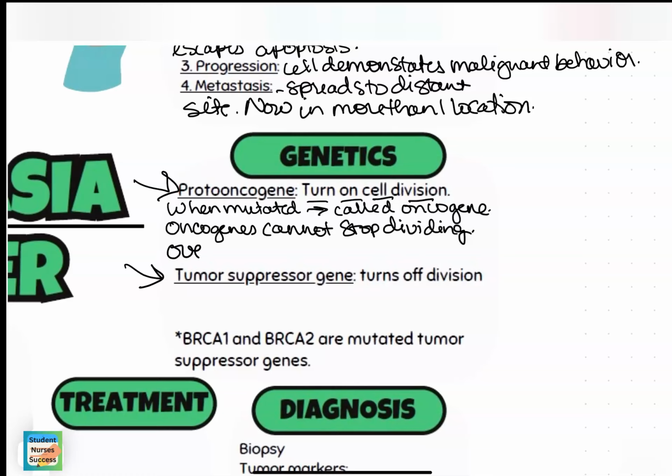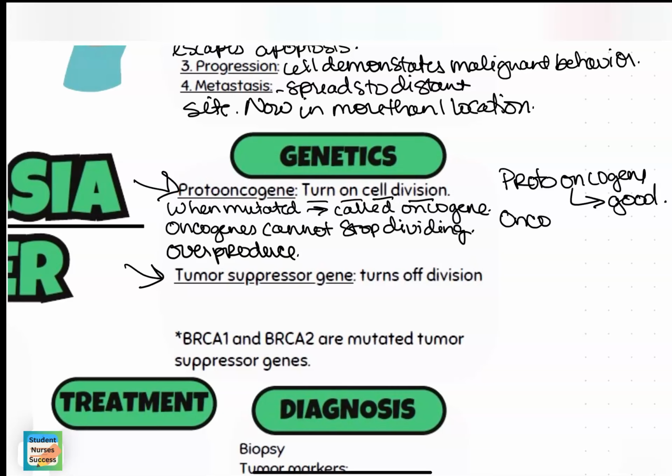Oncogenes overproduce. So the proto-oncogene is good, but the oncogene is a mutated proto-oncogene and it's bad.